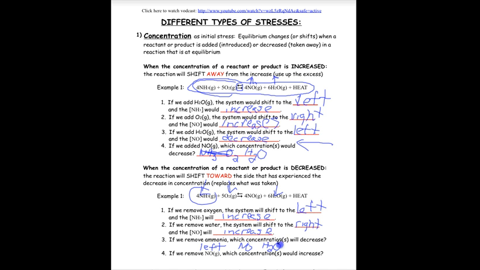Whatever side it shifts from goes down. If we remove NO, remove same, it's going to shift to the right. So if it shifts in this direction by removing NO, that means the H2O will go up in concentration. Okay, so that's first part.